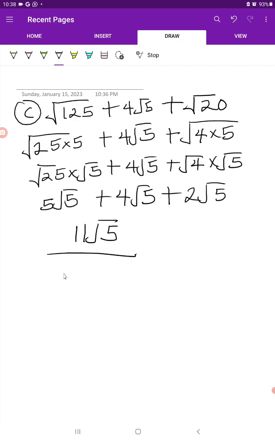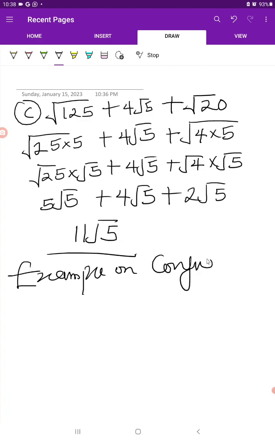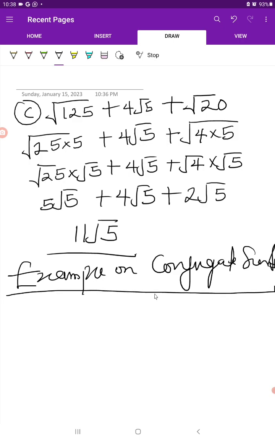Let's have an example related to surds. Example on conjugate surds, or we can also call it multiplication of surds.